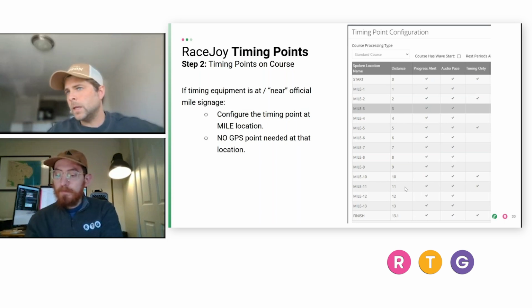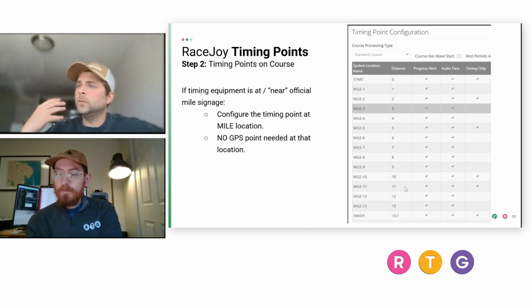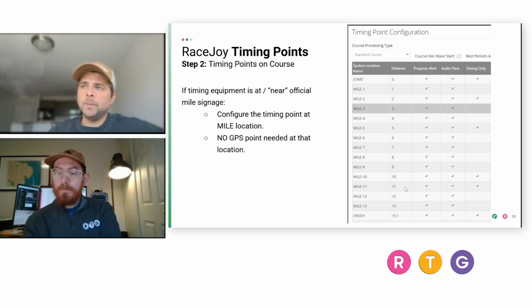And the reason you need to set those points that have the hardware as timing only is that you want the notifications for progress to come just from the timing hardware. We need to know that that's going to be what we send to RaceDay scoring for the integration. And we also need to know that for the people who are using phone tracking, that notification is going to come from the timing hardware and not from their phone's GPS. It's also worth noting that if you have a gun start, you can definitely still do the timing integration.